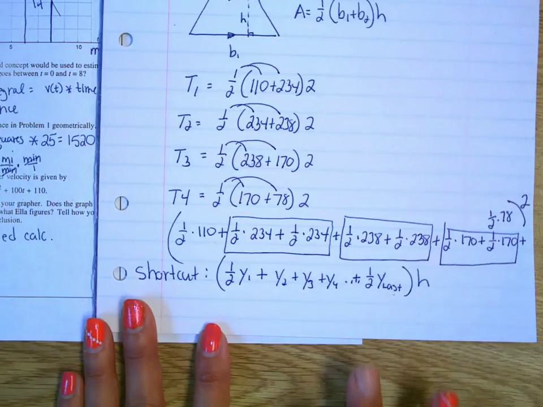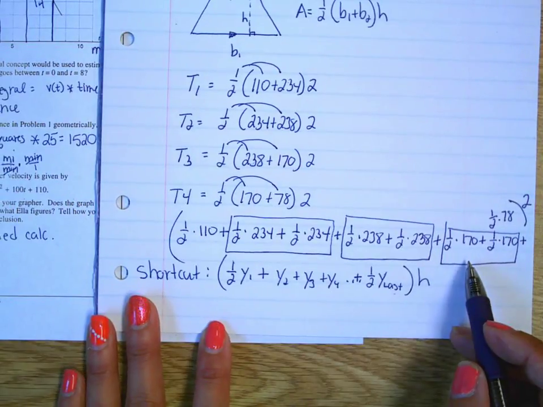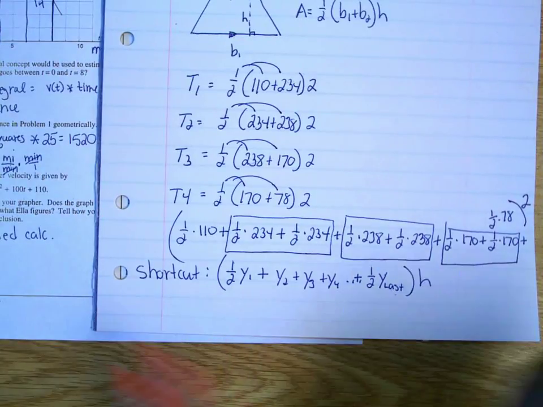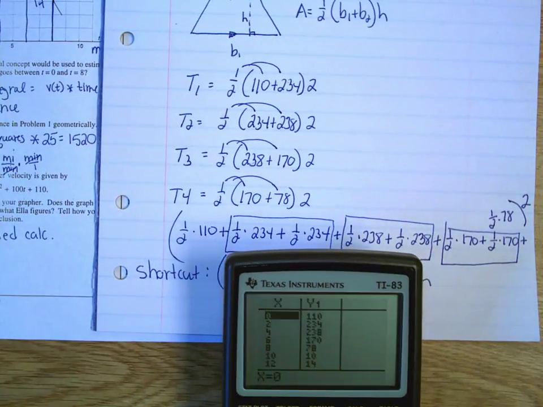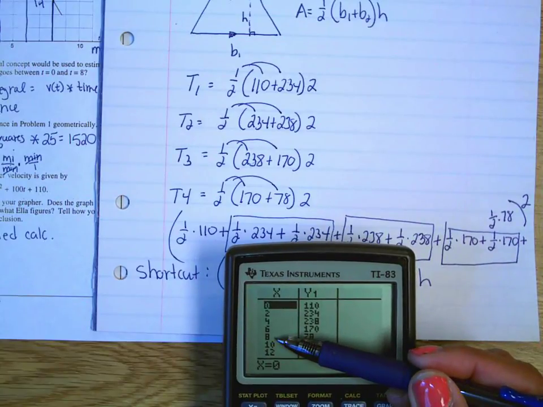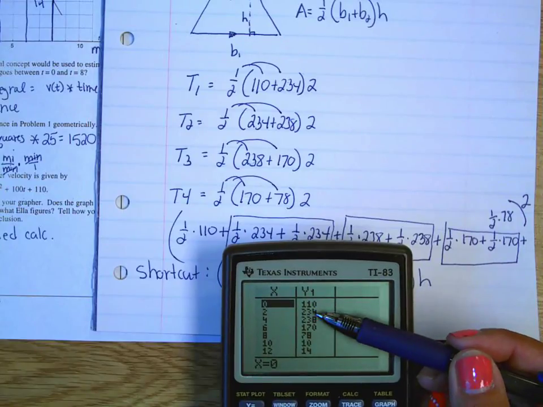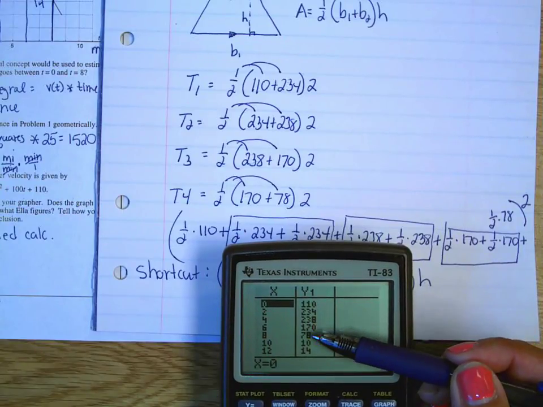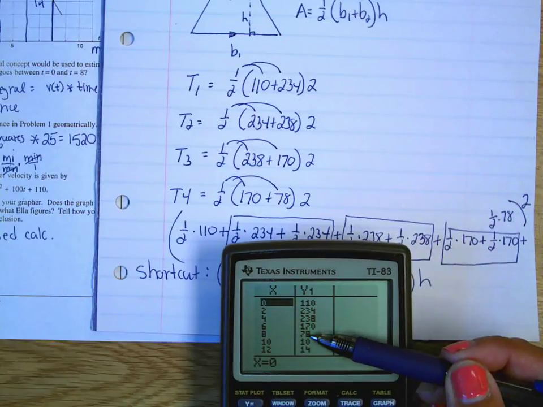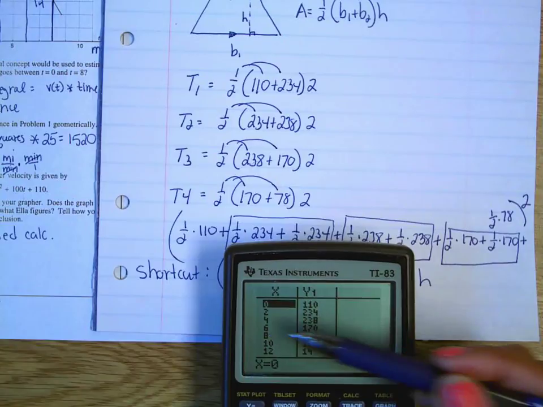So if I was to start this problem all over, now that I've discovered the shortcut, all I would do is get my table set up like we did. I know I'm going from 0 to 8, and my shortcut is half of the first y value plus all the y values in the middle plus half of the last y value times the height. And my height is the distance here, 2 apart.